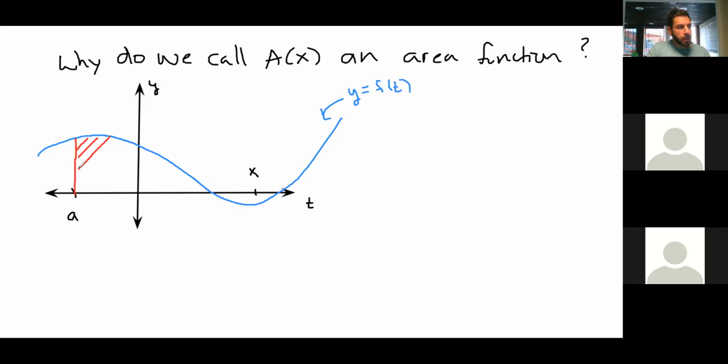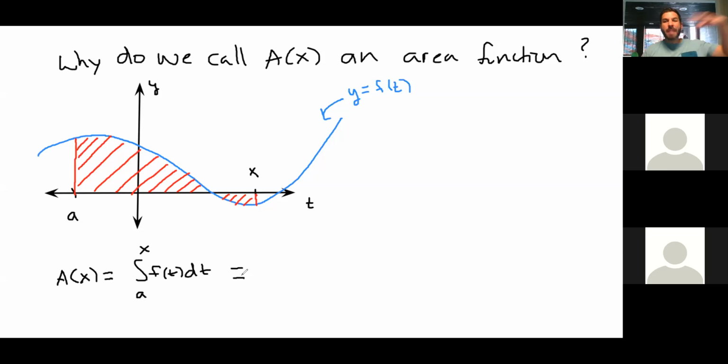So I'm going to shade in this region between the curve and the axis. And the observation to make here is that A of x is this integral, the integral from a to x of f of t dt.